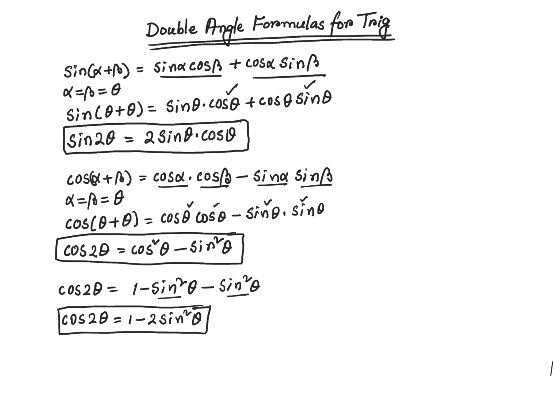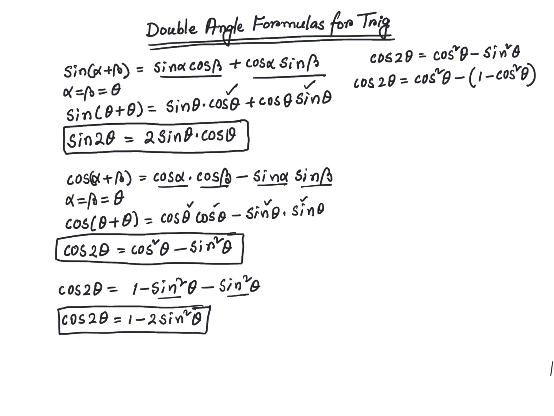So this is another version of the double angle for cosine of theta. Yet there is a third version, which is cosine of 2 theta again is equal to cosine square of theta minus sine square of theta. This time, instead of replacing cosine, we are going to replace sine square theta on the right hand side. So cosine 2 theta is equal to cosine square of theta minus, open parenthesis, sine square of theta, which is 1 minus cosine square of theta.